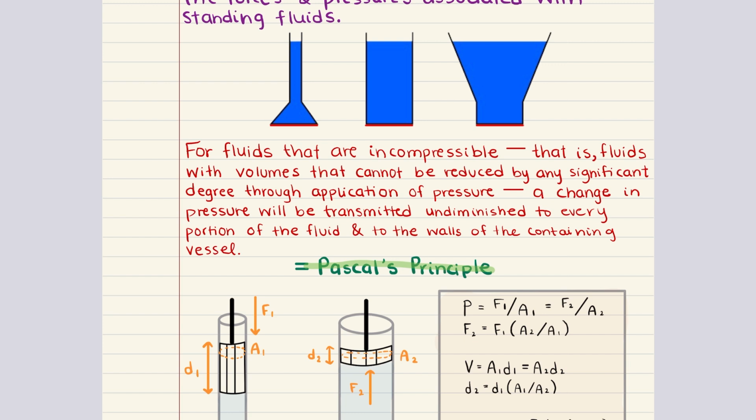Now, as a reminder, an incompressible fluid is a fluid whose volume doesn't change significantly under pressure. So in short, Pascal's principle states that any change in pressure applied at one point in the fluid will propagate undiminished to every other point in the fluid.